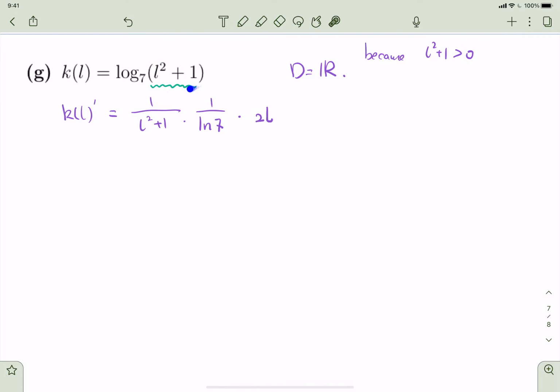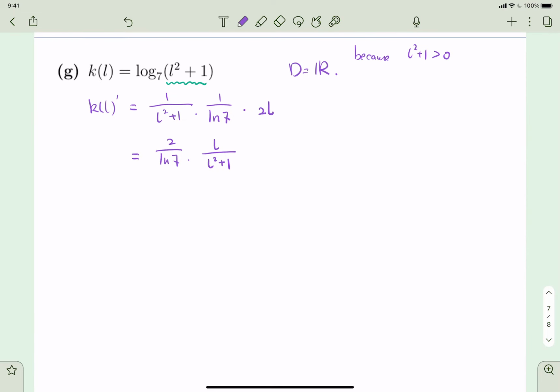That is the derivative of L squared plus 1, that's 2L here, by the chain rule. Now we simplify this, right? This is 1 over ln 7 times, actually I can place the 2 here, 2 over ln 7 times L divided by L squared plus 1. Okay.